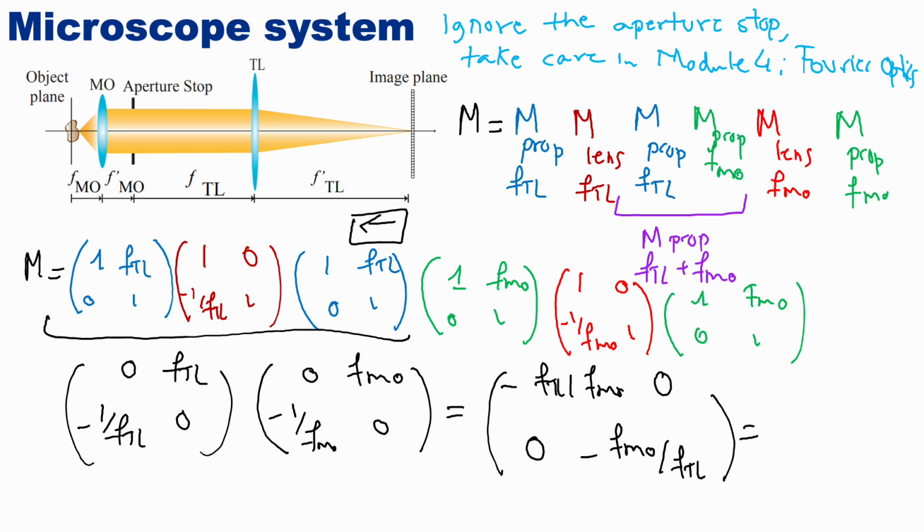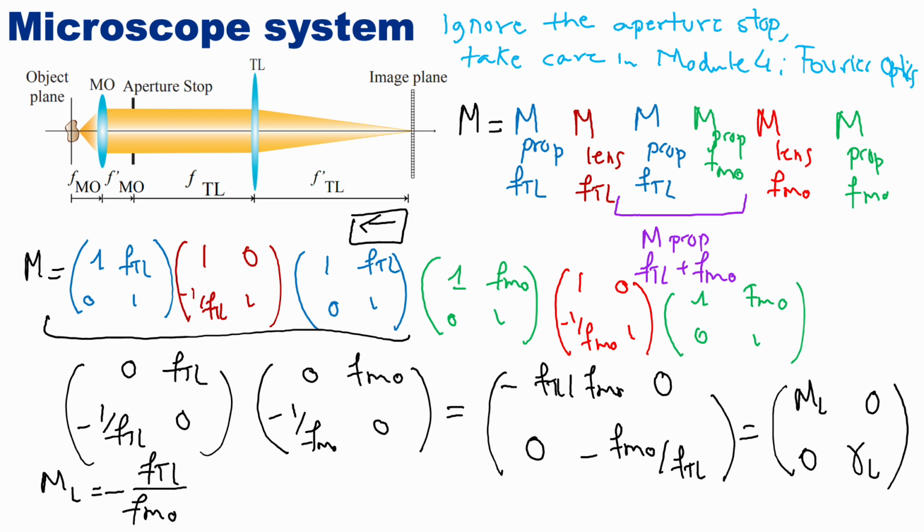But we can think of this as a lateral magnification, and then the angular magnification. So ML is minus the focal length of the tube lens over the focal length of the objective lens. This is the lateral magnification, how much the height changes from the input to the output.